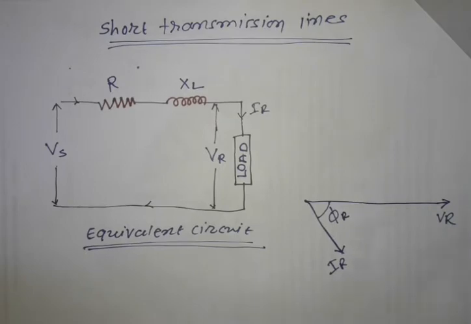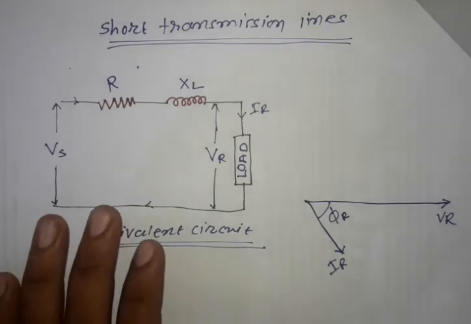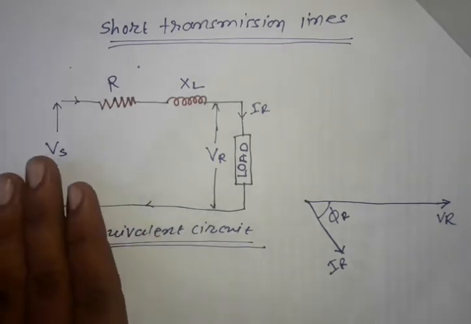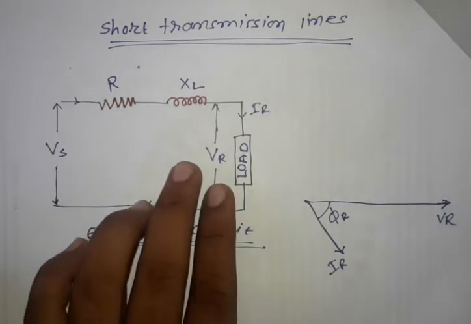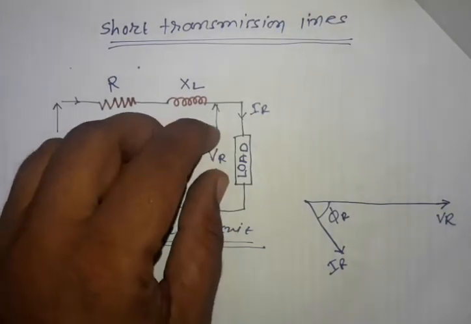Now we have to draw the resistive drop. First we look at the equivalent circuit. Here we have the sending end voltage Vs and the receiving end voltage VR.